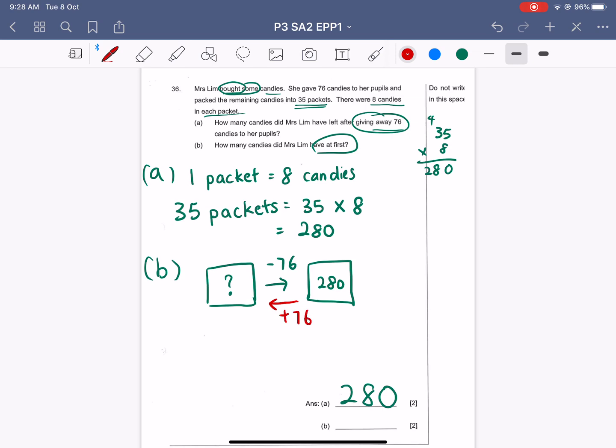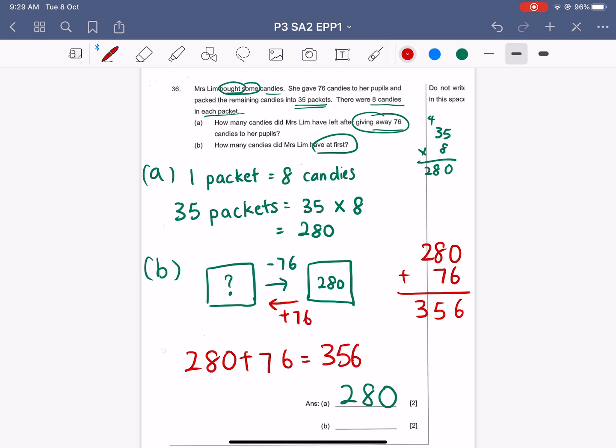Does this look familiar to you? This is like working backwards. So if you add back what was given away, you will get that amount that she had at first. Okay, so this will be the answer for part B.